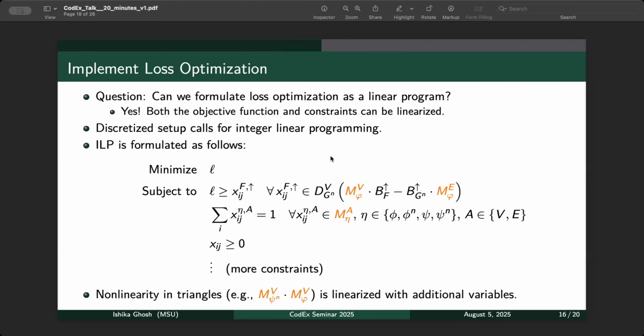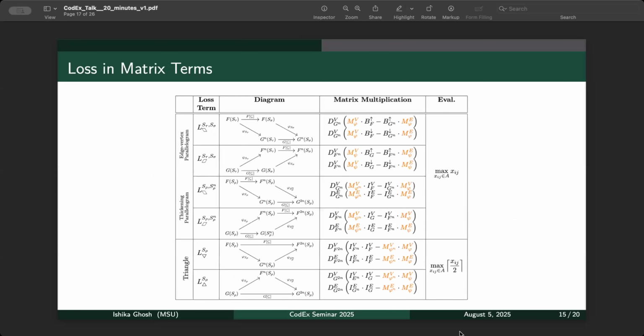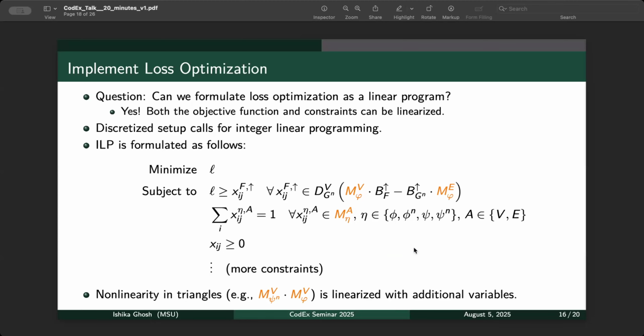And this is integer linear programming because for my mappers, each vertex that I have has an integer function value. So just linear programming is not cutting it. And there is some non-linearity, especially in triangle diagrams, as you see here. So this is no longer linear, but we can introduce more variables and linearize it.